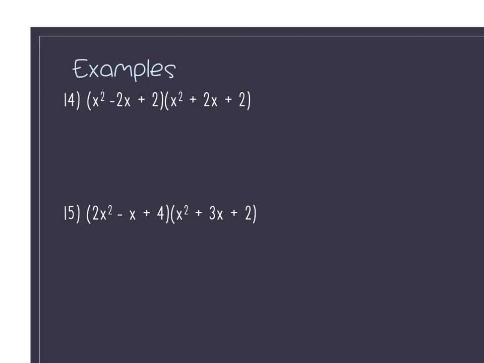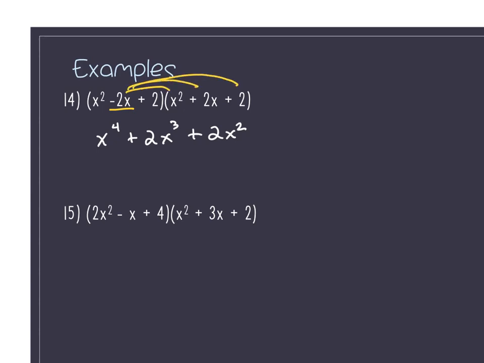So I'm going to first distribute the x squared to all three things. So this will become x to the fourth plus 2x to the third plus 2x squared. Next, I'm going to distribute this negative 2x, again, to all three things.